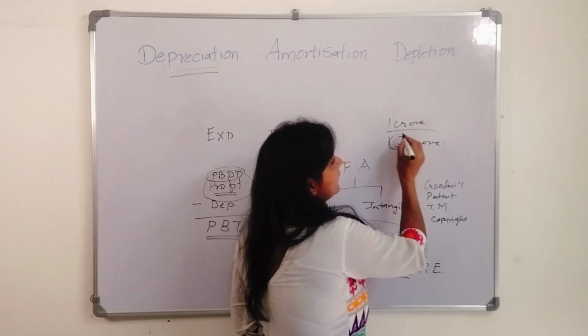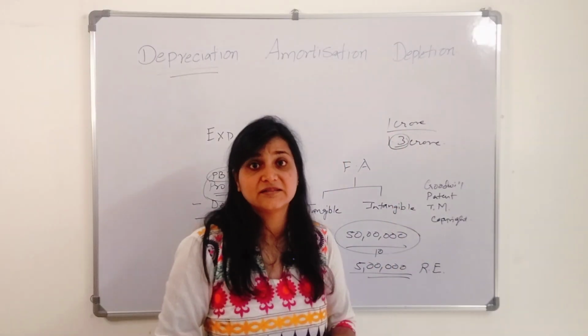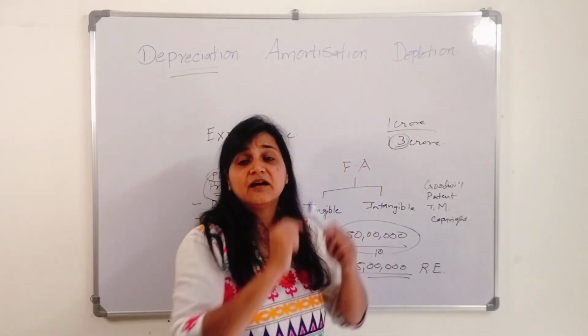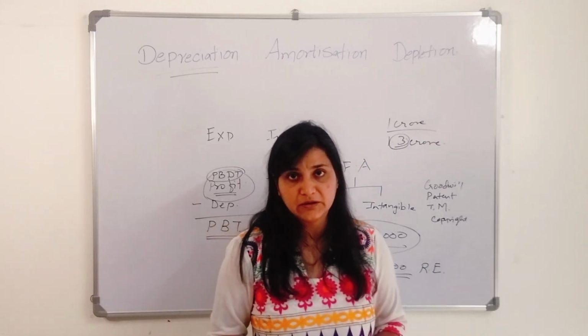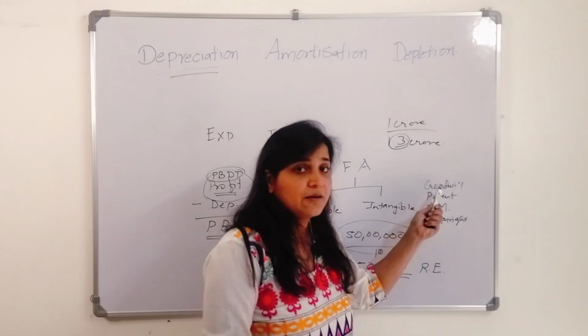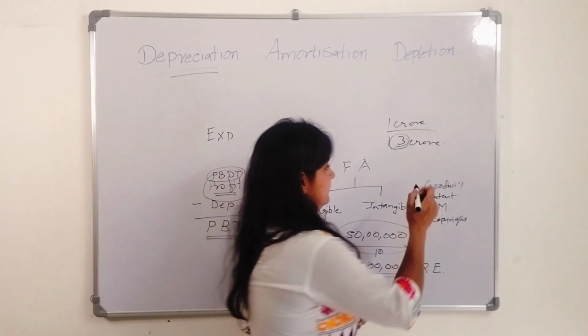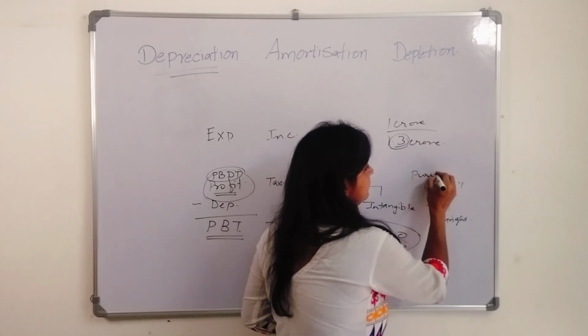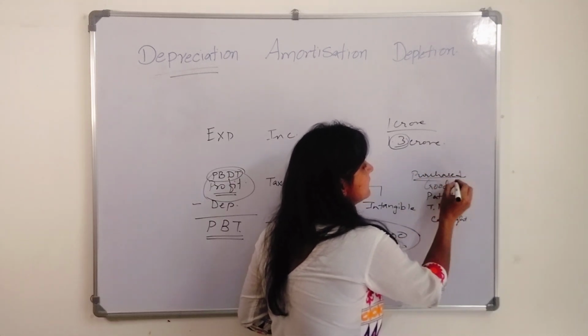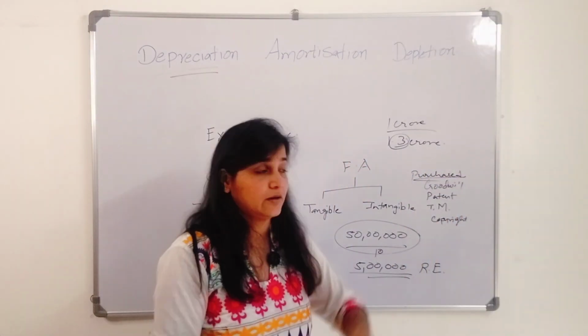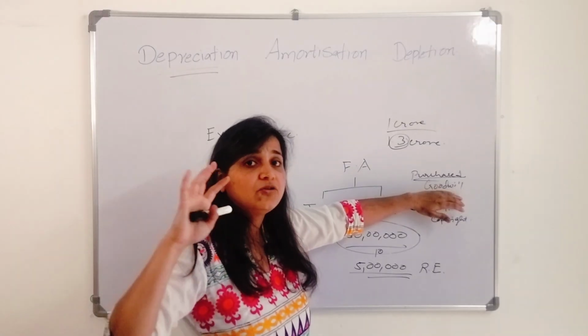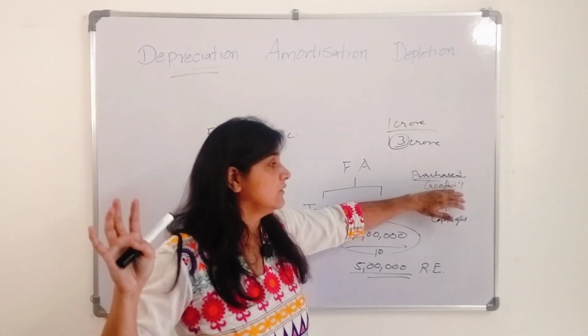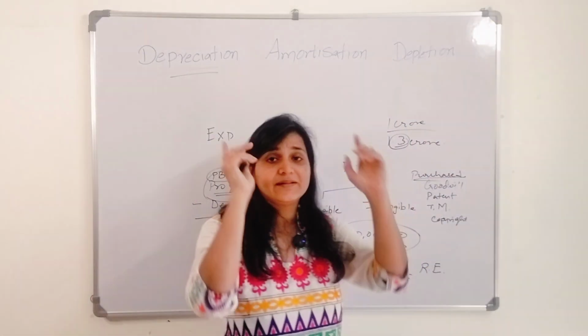So 0.3 is the goodwill amount that the other person is going to pay me. So that is purchased goodwill.